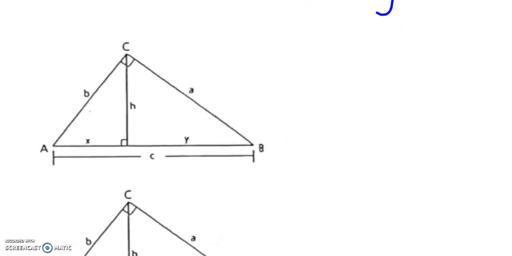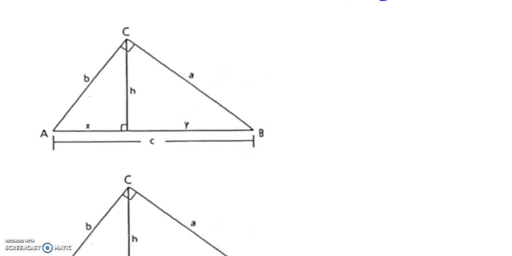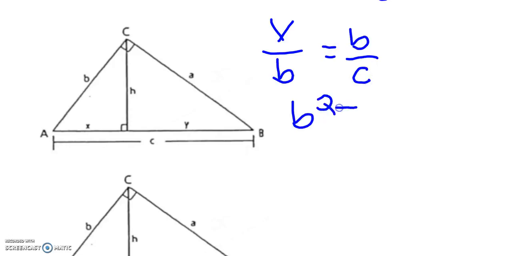And then our next one is x over b equals b over c, which we know simplifies to b squared equals x times c. Okay, so this one is basically talking about the smaller right triangle in relation to the big right triangle.